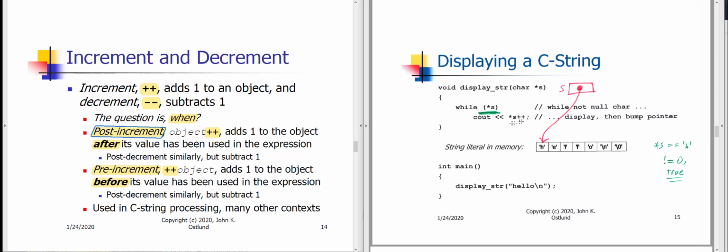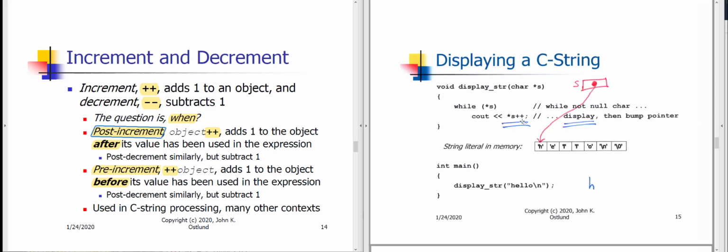What's being displayed is this expression, star s plus plus. The plus plus there is being used as a post-increment. That means that the plus plus does not take place until after star s has been displayed to cout. What's the value of star s?